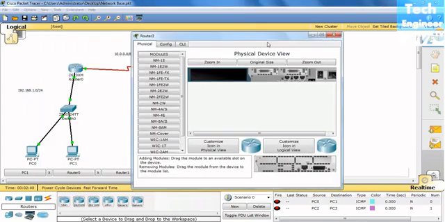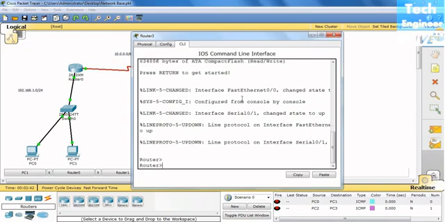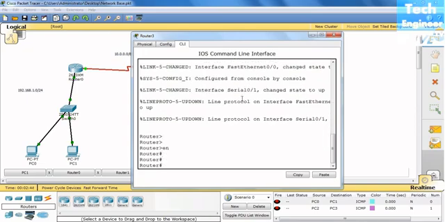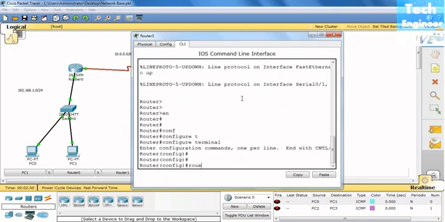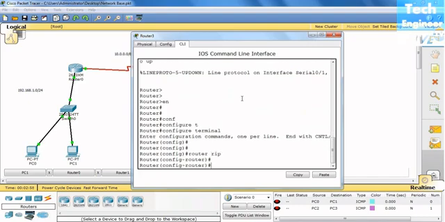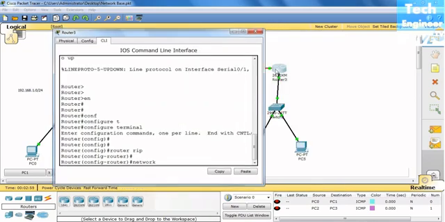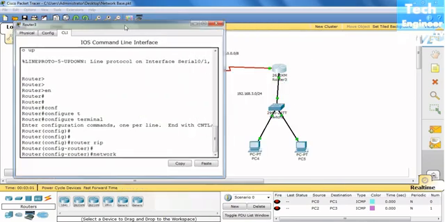So router 1 is having some problem because of my typo, so it took some time to gather since it's exchanging data. Okay, set configuration mode. We have to write the command again, router space rip, and in this router we have two ports, serial and fast Ethernet.